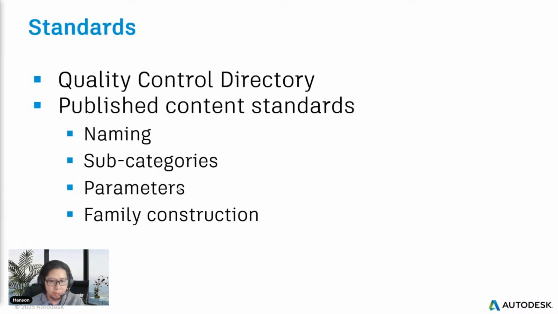Most of the files, once we deal with projects, will have different categories, different families. So quality control is a must, doing the standardization: the naming, the subfolder category, the parameters, the family construction. These are some of the things that can be set up in doing the standardization.